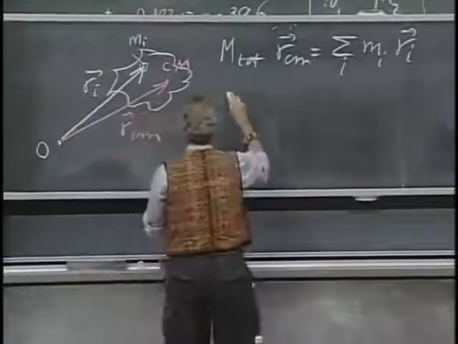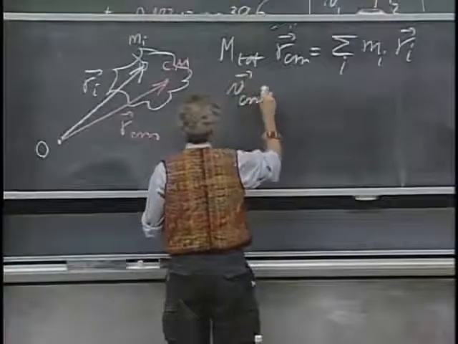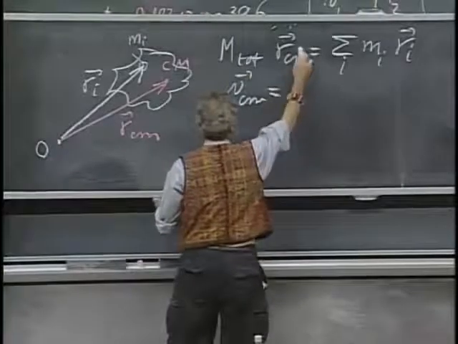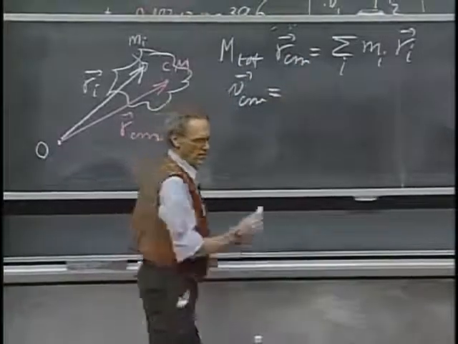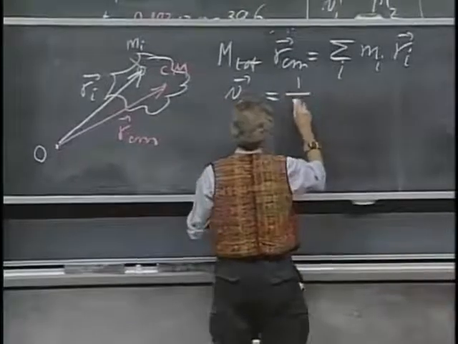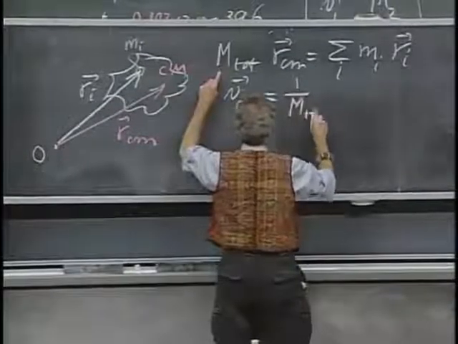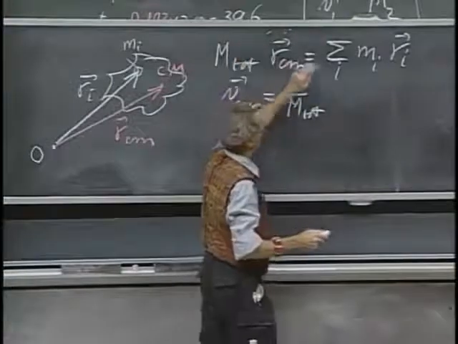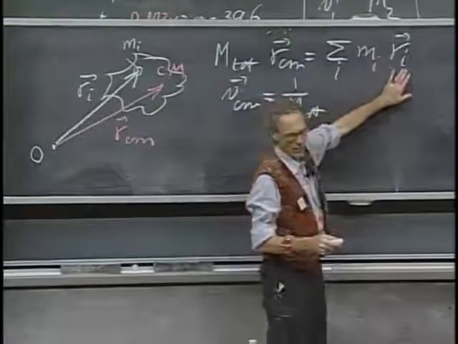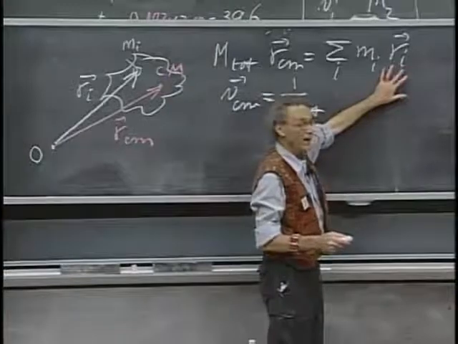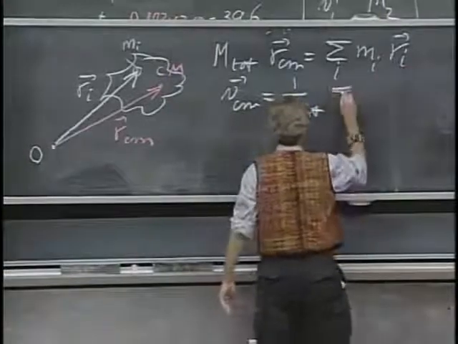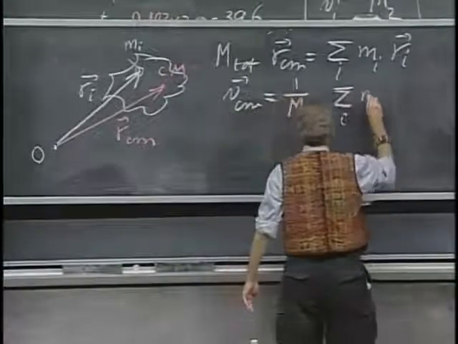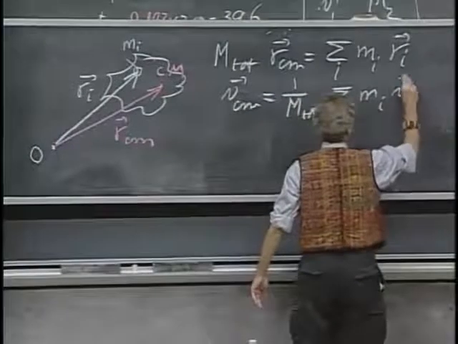V center of mass, I find that by taking the derivative of this equation, equals 1 over the total mass. I bring this on this side. I take the derivative here, and so here I get the sum of m_i times dr_i/dt, and so this is the sum over i of m_i v_i.